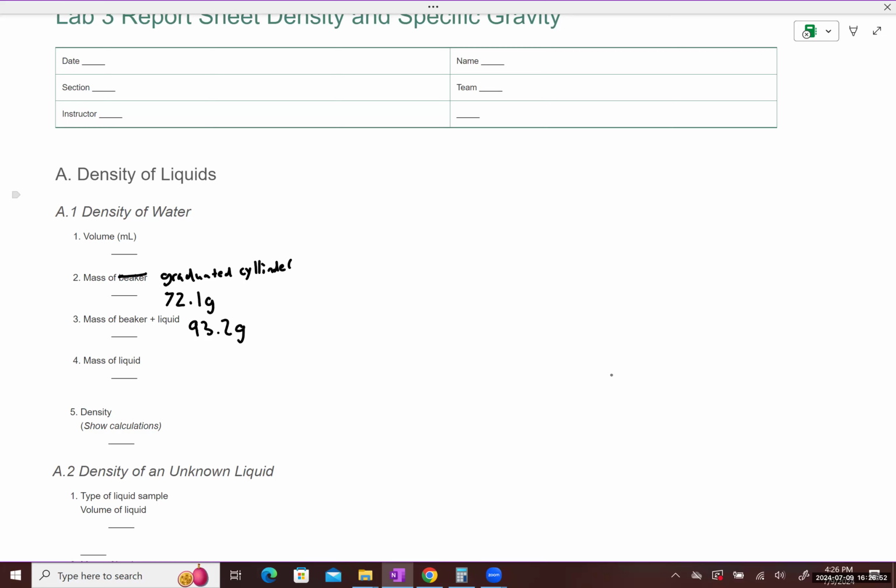Okay, now for the mass of liquid, all we have to do is subtract the mass of the empty graduated cylinder from the mass of the graduated cylinder plus the liquid, in this case, water. So subtracting these two values, that gives us 21.1 grams.